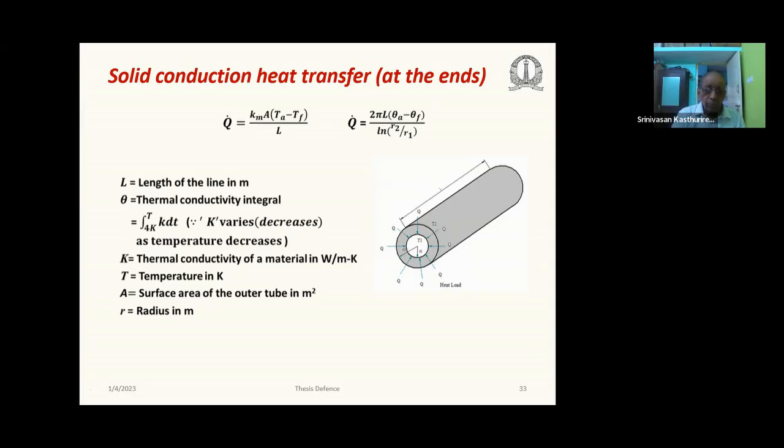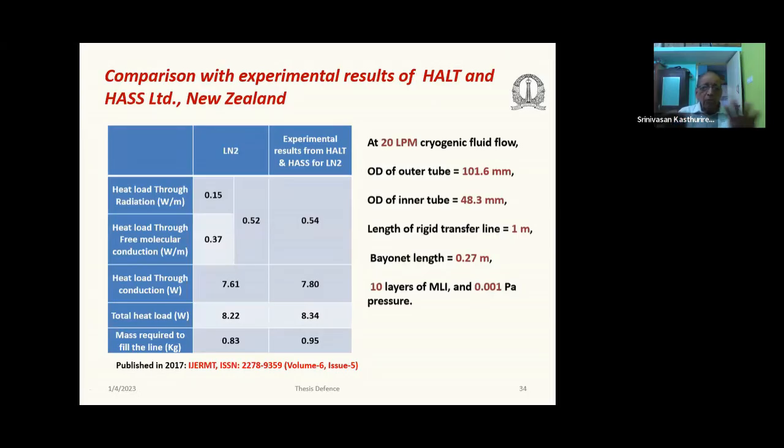Now, I have done some calculations on this for a particular selected case, where we have 20 liters per minute of liquid cryogen flow. The outer diameter of the outer pipe is 101.6 millimeters, whereas the outer diameter of the inner tubing is 48.3 millimeters.